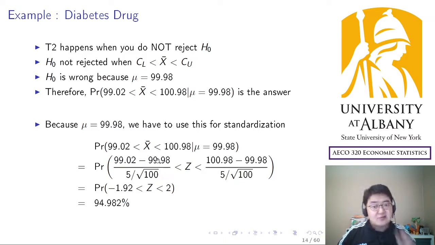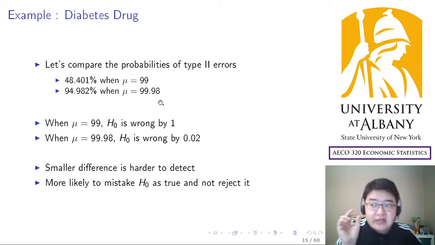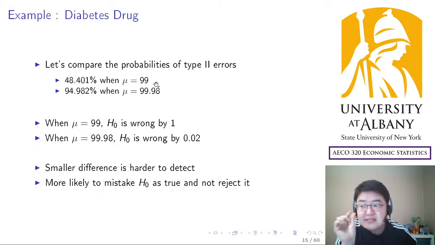And that makes sense because the difference is very small. If you measure it, it looks like 100 grams contains 100 milligram correctly. So you cannot reject the null hypothesis because the truth is so close to your belief. So the type 2 error probability depends on the value we assume, and obviously as the deviation from the belief becomes smaller, the type 2 error probability will increase.